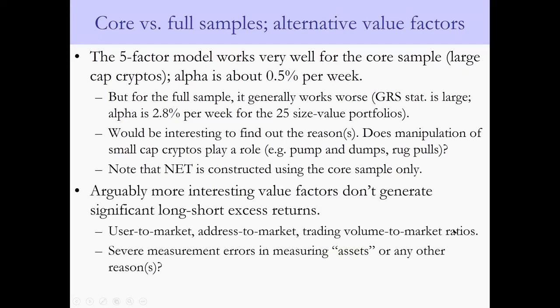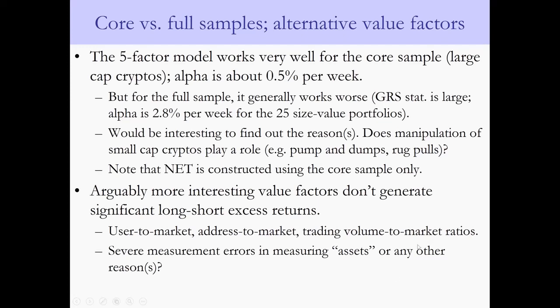And then one really interesting fact I see in the paper is the authors were trying to come up with value factors that are kind of similar to the traditional factors in the equity space, which include the user to market ratios, address to market ratios, or even the trading volume to market ratios.